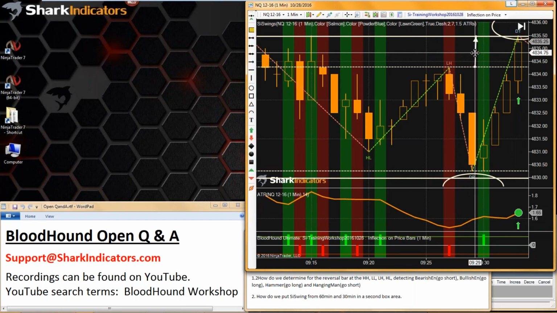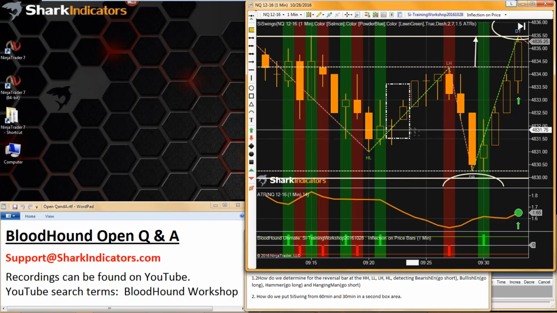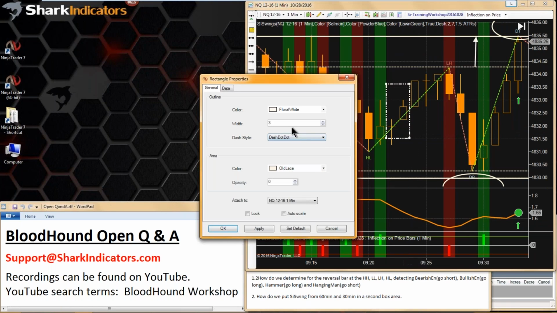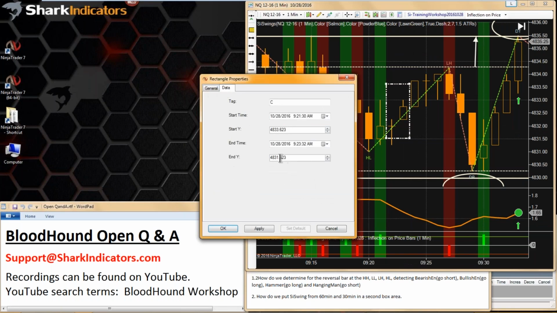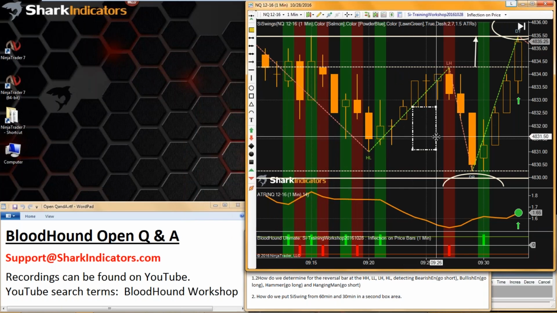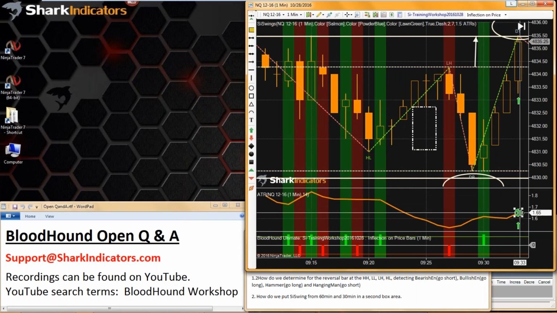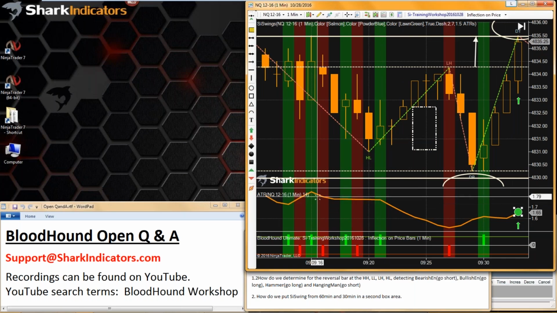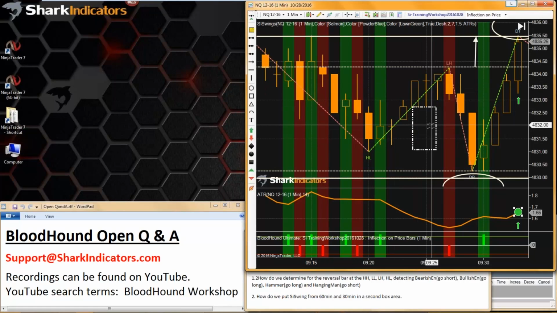Here's another cool thing you can do if you're trying to figure this out in your head. I just made a box that's 1.65 high. So this box is basically 1 ATR, but only on this bar, because the ATR is constantly changing bar by bar as volatility expands and contracts.